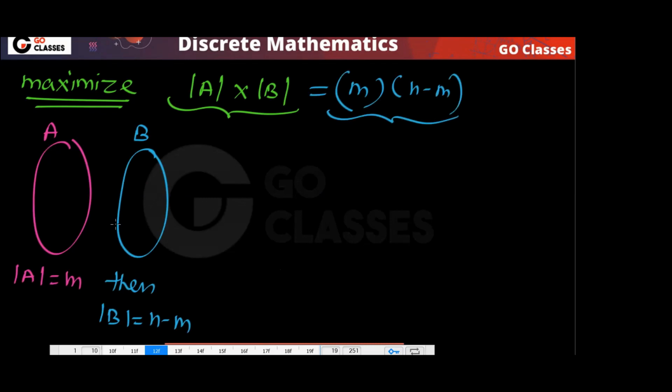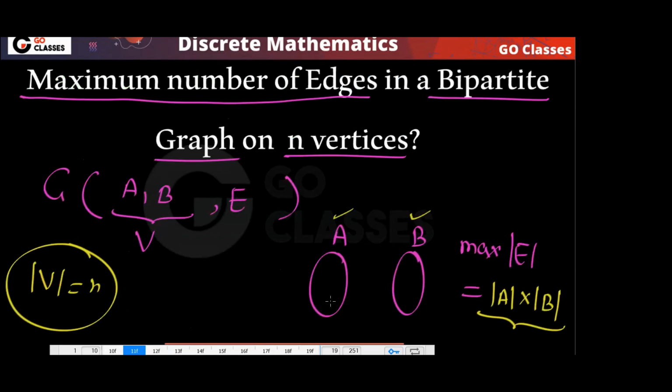Is this clear? I am going very slowly, step by step. This parameter we want to maximize. We don't know how many vertices are in A or in B, but we know the maximum number of edges will be this.